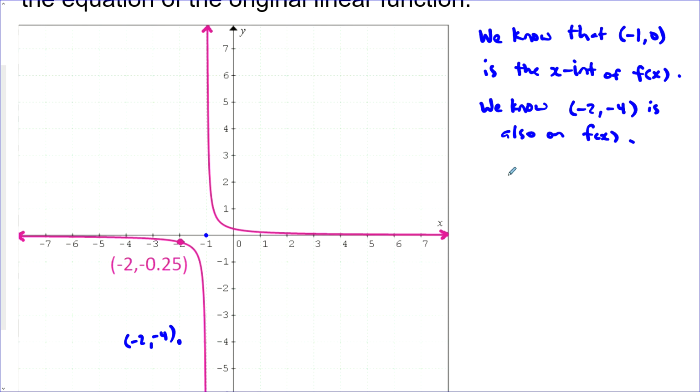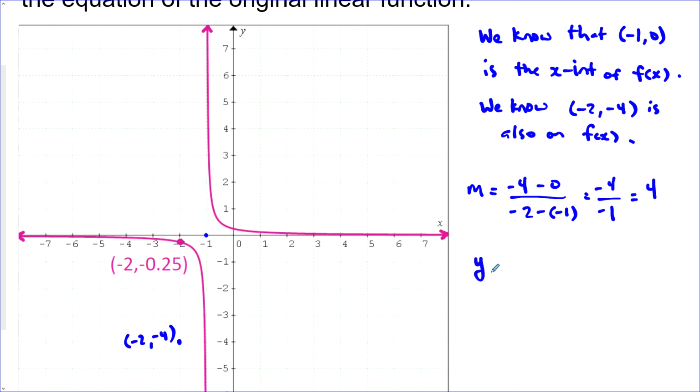Now we have 2 points. Now we can find the slope. So let's say m is equal to -4 minus 0 over -2 minus -1. So this would be -4, and this would be -1, which gives us a slope of 4. And now that we have a slope, we have a point. Let's use slope point form.